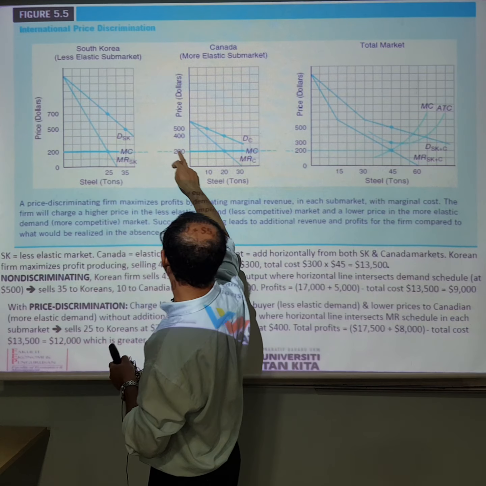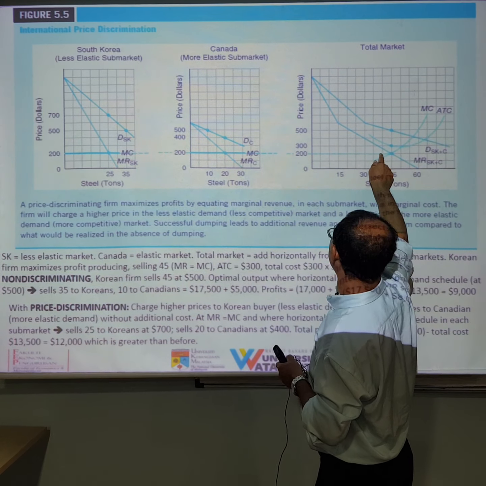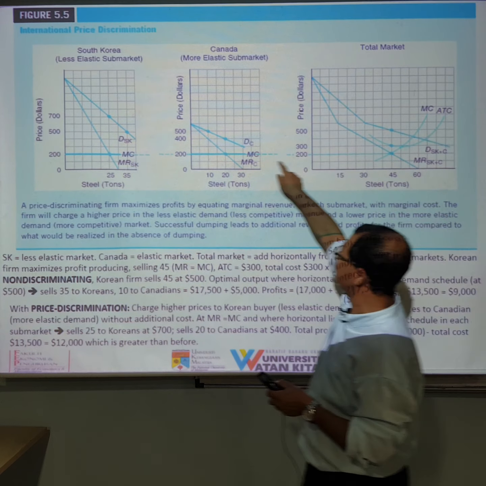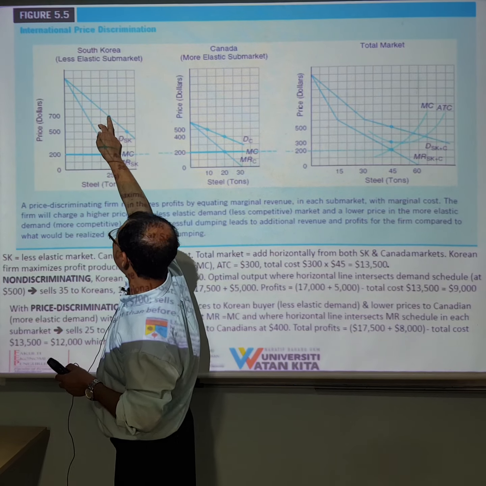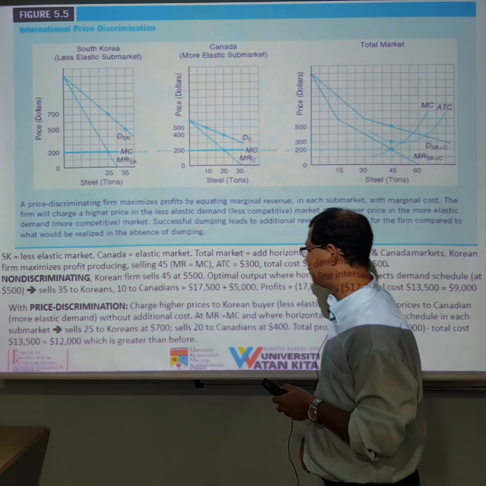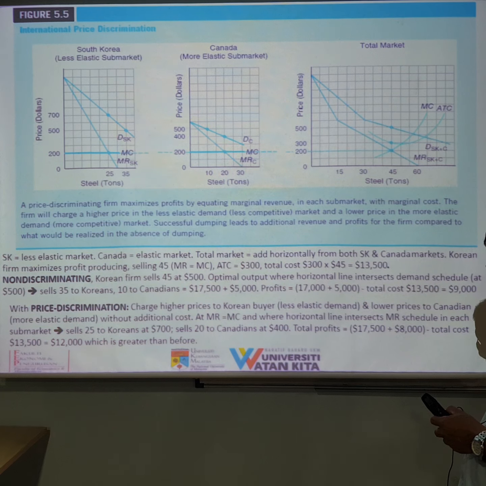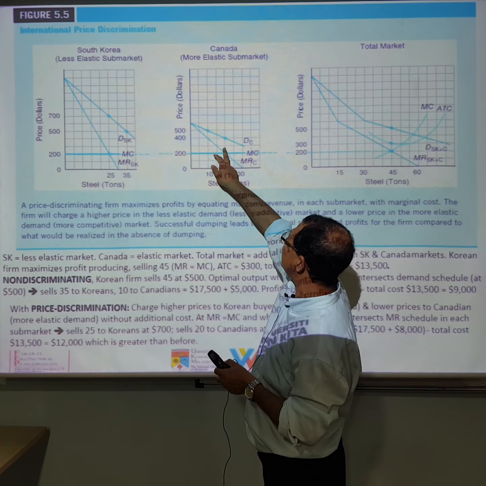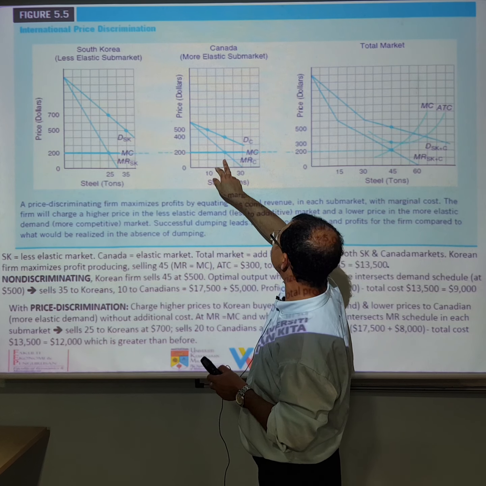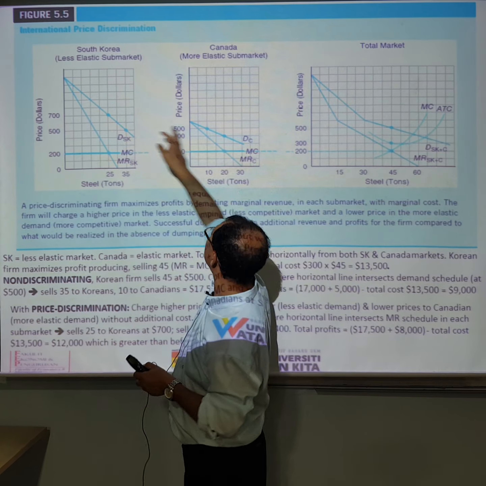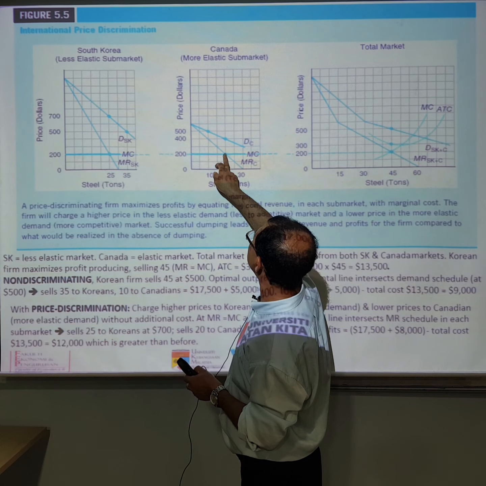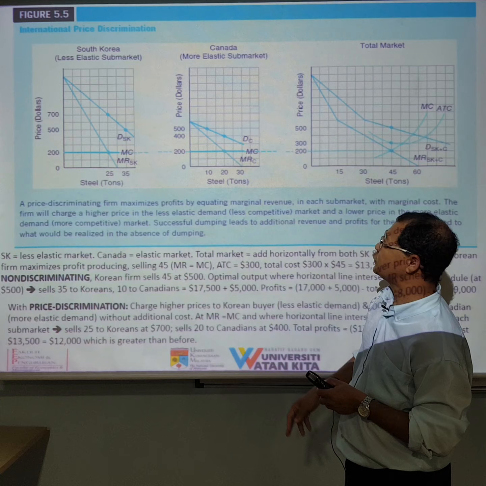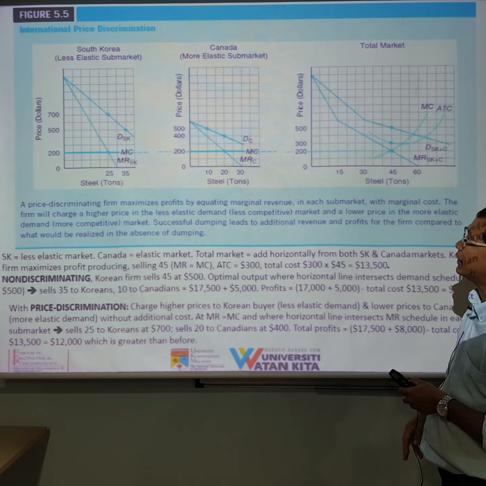700. This is the line of profit maximization: marginal revenue equals marginal cost. So it sells 25 at 700, the price in the Korean market, and sells 20 at marginal revenue and demand, this demand, intersecting with marginal revenue, demand at 400, selling 20 units at 400 in the Canadian market.